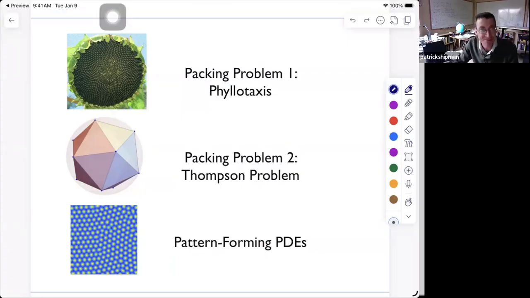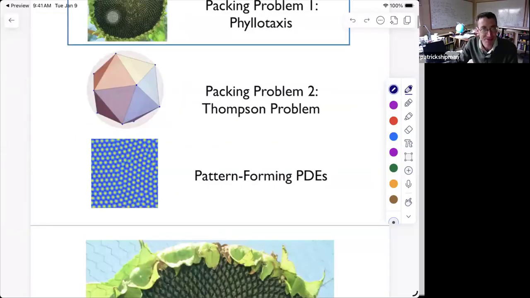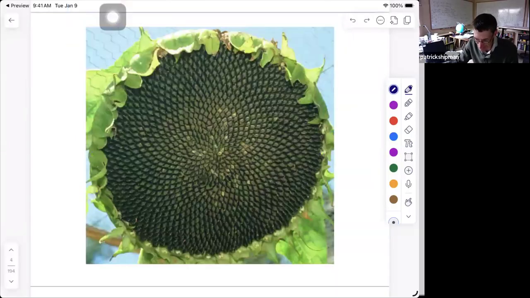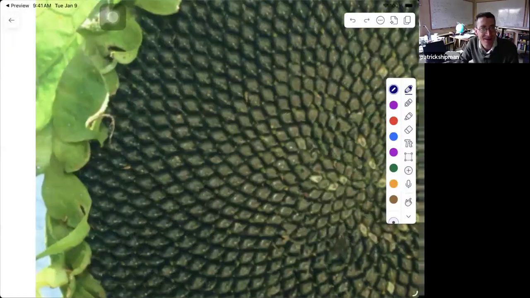First, the phyllotaxis problem. To say what the problem is and give some context, this is a sunflower seed head. There are a lot of observations you can make about it, but I just want to make one at the moment: these seeds are shaped as diamonds, roughly the same shape throughout the seed head.